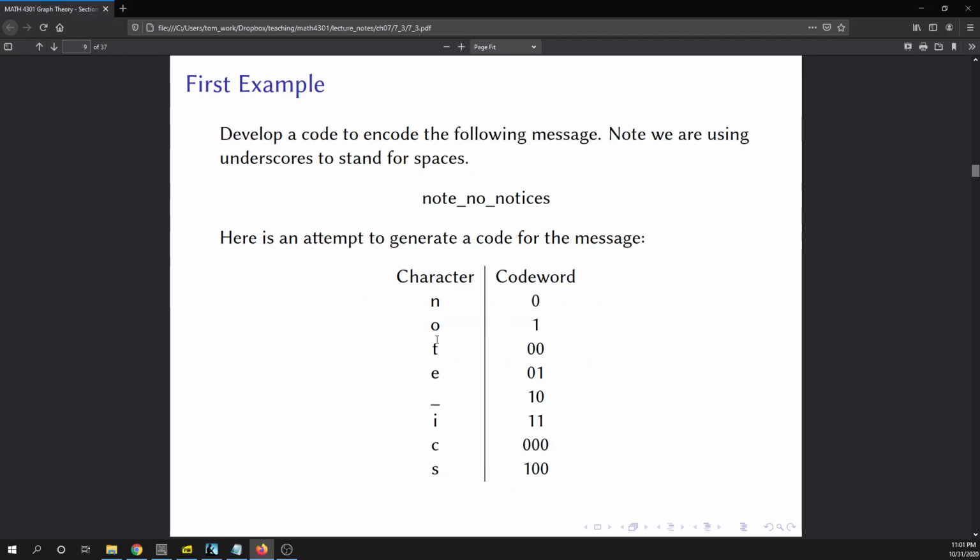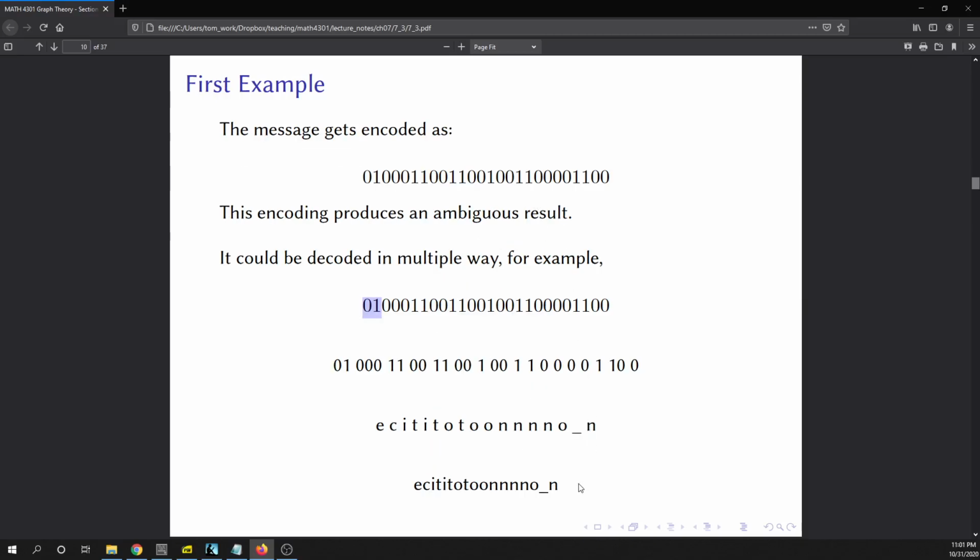Like I said, even if you have this chart and you're following it, if you didn't know what the message said previously, you really don't know how to decode it properly. Okay, so that's a problem. This is ambiguous. We definitely don't want this. All right.